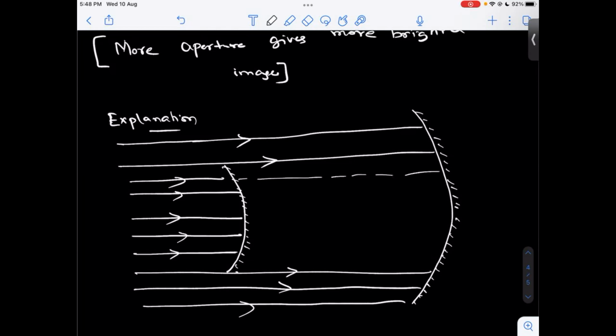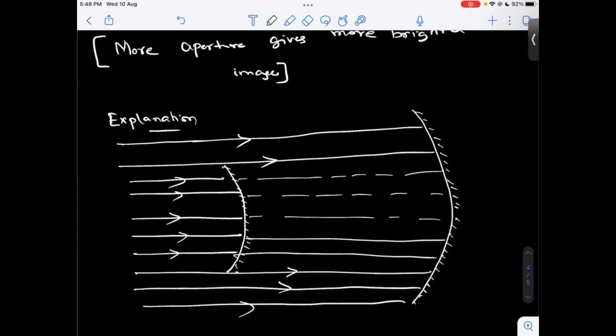Actually, these rays can go and hit the screen also. So it is not like one mirror is kept in front of the other. I'm just trying to do a comparative study of the aperture of both the mirrors.